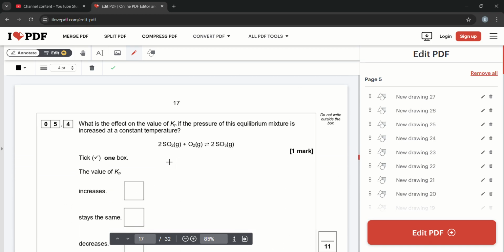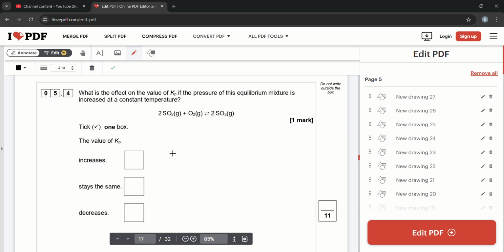And in 5.4, what is the effect on the value of Kp if the pressure of this equilibrium mixture is increased at a constant temperature? Final part, question 5, 1 marker.